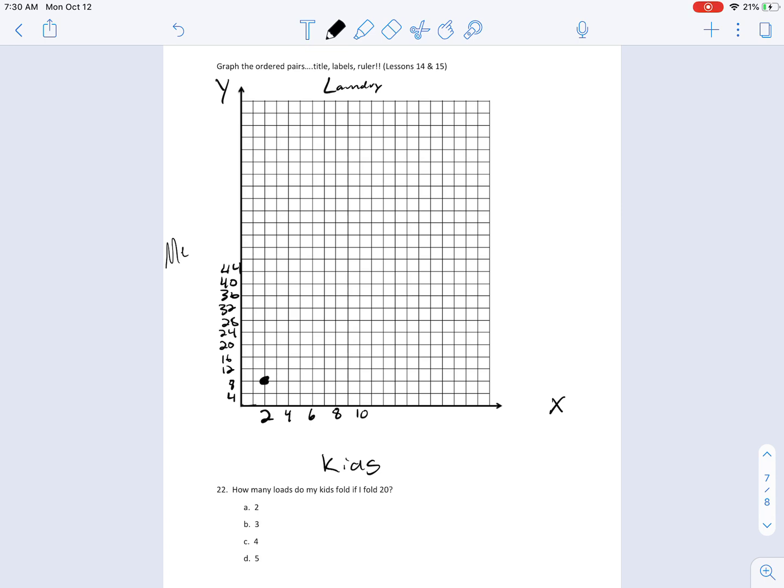So I go over to 2, up to 8. Then I have 4 to 16, and then 6 to 24, 8 to 32, and then 10 to 40. I check my line to make sure it's straight, and it is pretty straight, so I know we are correct.